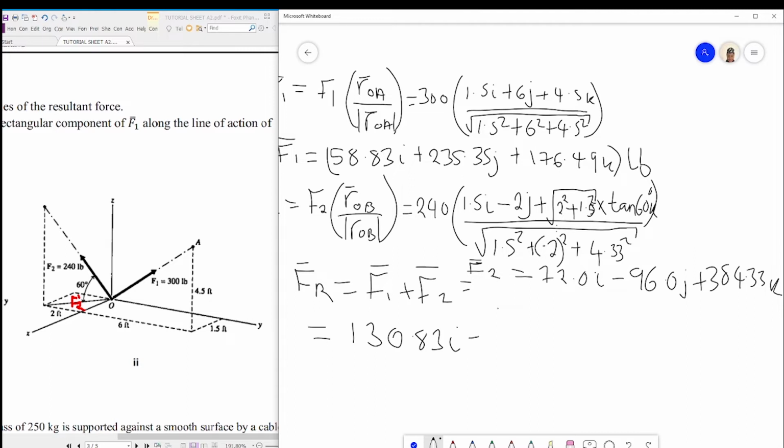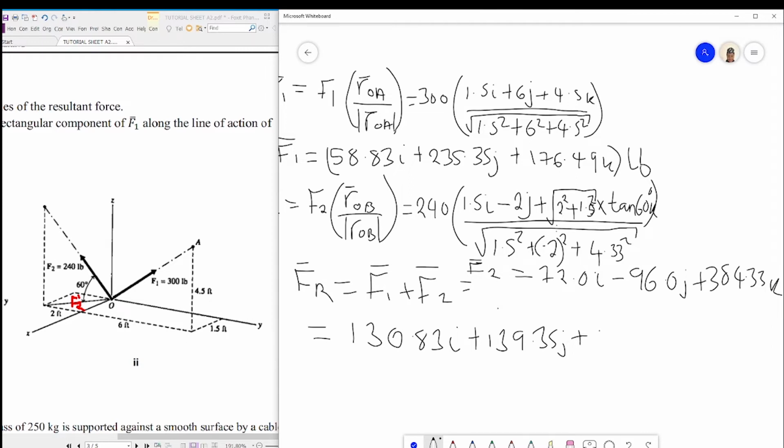130.83i plus 139.35j and then plus 384.33k.